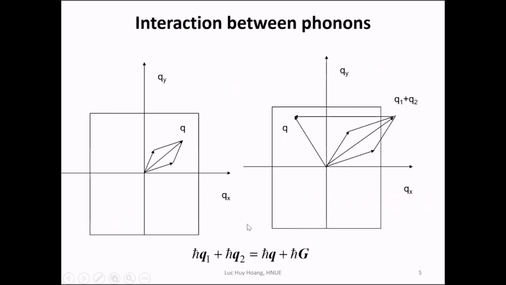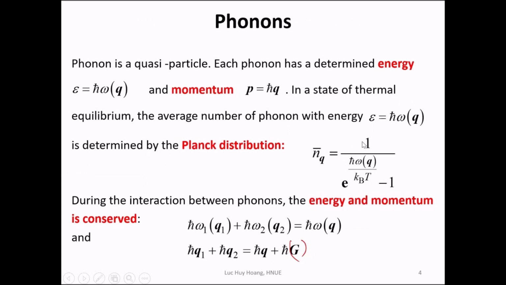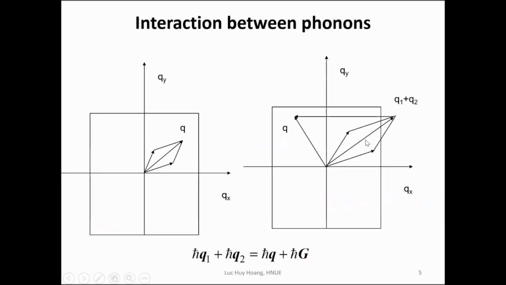Because of this reason. In the conservation of momentum, Q1 and Q2 can be outside the Brillouin zone. So you can use this condition to get the vector momentum back inside the Brillouin zone, because as we said before, every vibration state should be contained in the Brillouin zone.